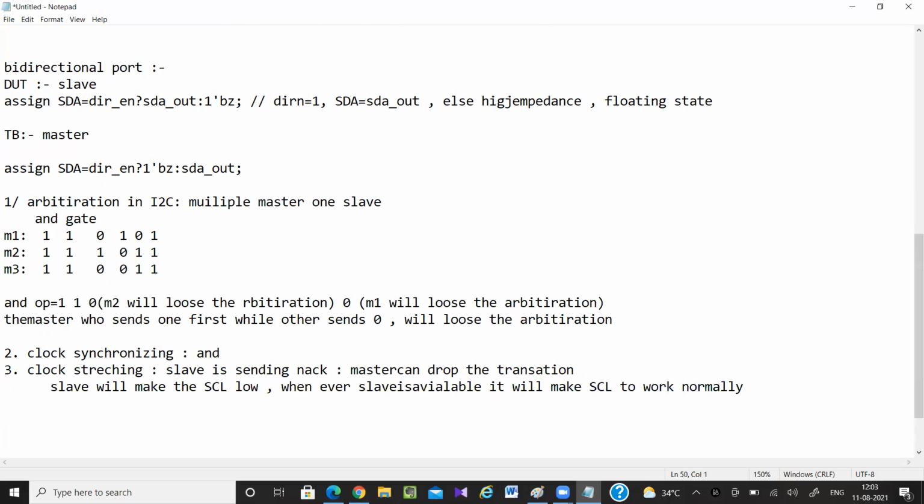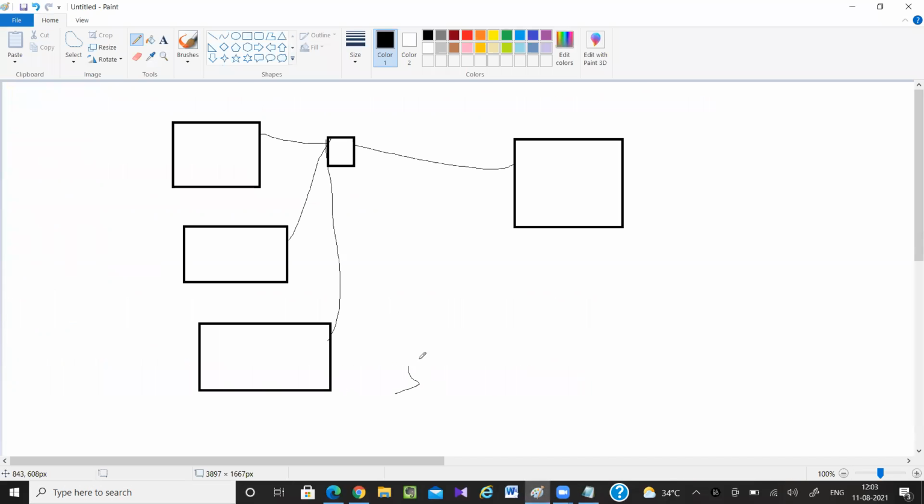Let's say the slave is busy. Slave busy means it will make SCL low. SCL continuously low means the master is not going to send any data. The master will send data when the clock goes from low to high, then high to low. But if it is constantly low, the master will stop sending the transaction. This is clock stretching. The clock is working like this.